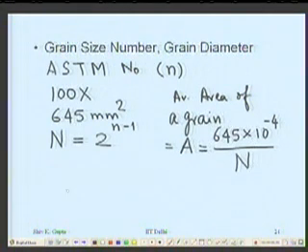And the grain diameter is then defined as under root of A.